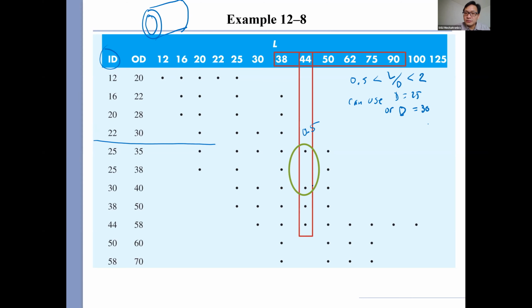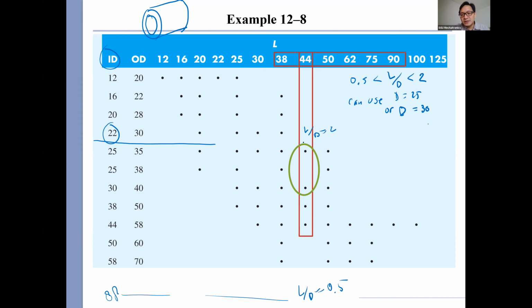L over D equals 2: D becomes half, right? That's L over D equals 2. Sorry, not 0.5. Here L over D equals 2. If L over D equals 0.5, then it's twice. So it's all the way here at 88, right? That's L over D equals 0.5.